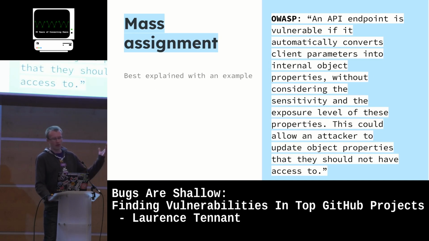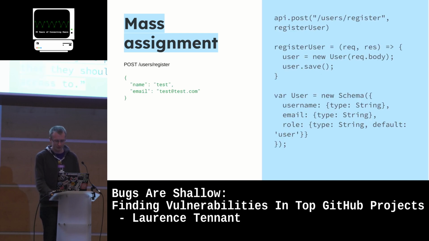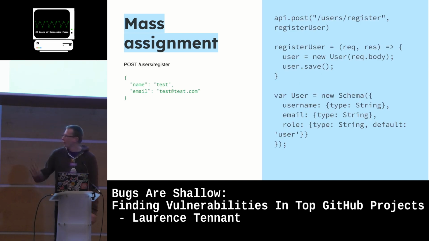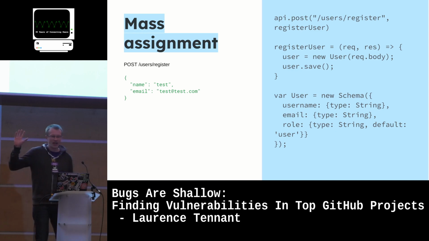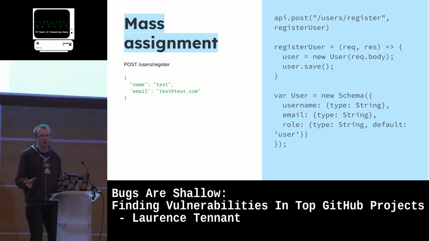So you've got the OWASP definition there, and although it's correct, I find that it's one of those things that's just best explained with an example, so I'm not even going to read it out. So on the right there is a kind of pseudocode, very, very basic idea of what a web application would look like that's vulnerable to mass assignment.